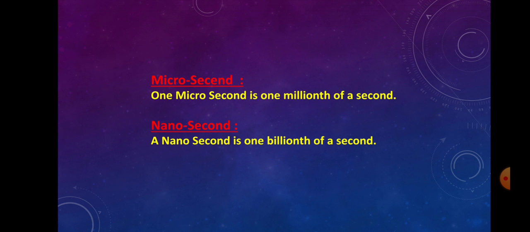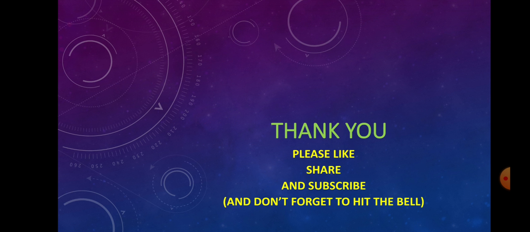For time intervals smaller than a second, such as one millionth or even one billionth of a second, these are known as microsecond and nanosecond respectively. So a microsecond is one millionth of a second, and a nanosecond is one billionth of a second. So friends, this is all about motion and time.